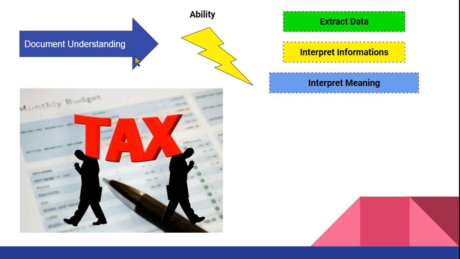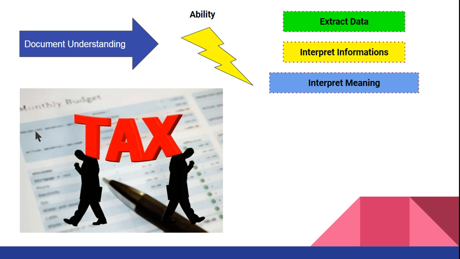That is where document understanding uses artificial intelligence to interpret information. If I give you a paragraph, as a human being you read it, understand the meaning, and tell where is what. Interpreting meaning requires artificial intelligence. Getting it? Extracting the data is very easy.